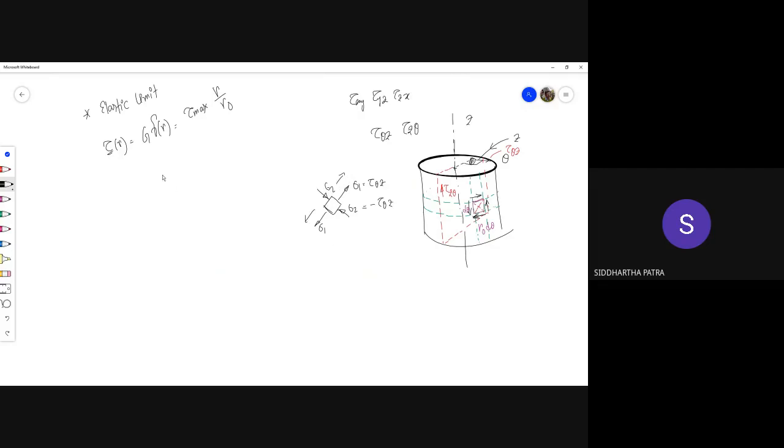If I draw that portion of the cylinder, if there is a crack which is aligned like this at right angles to sigma 1, which is parallel to the sigma 2 direction, it would have the highest potential to open.